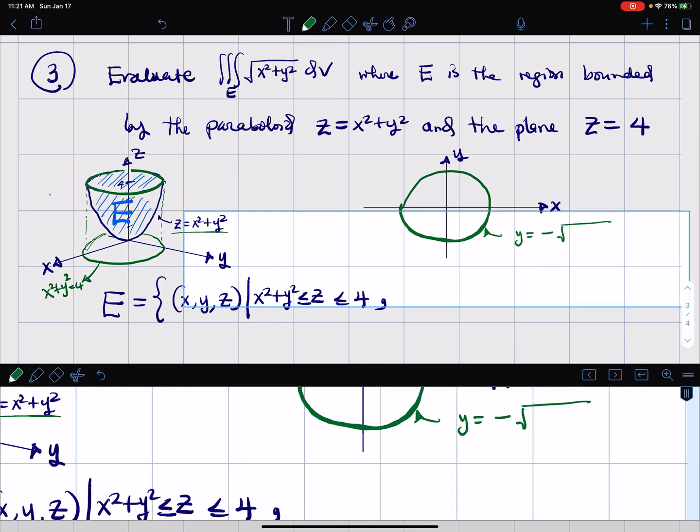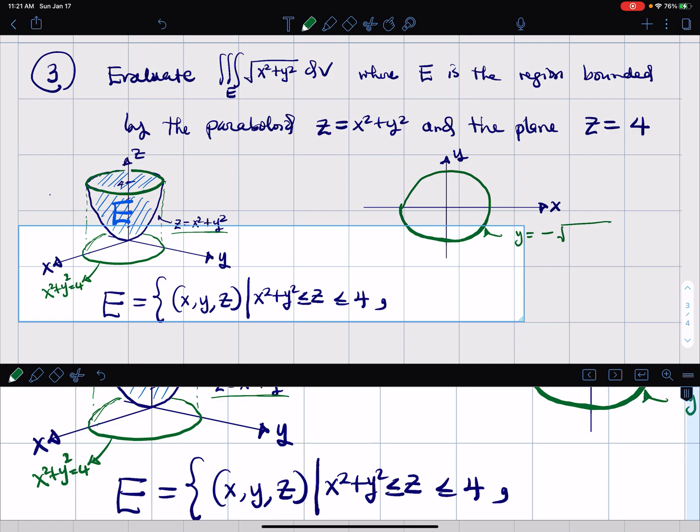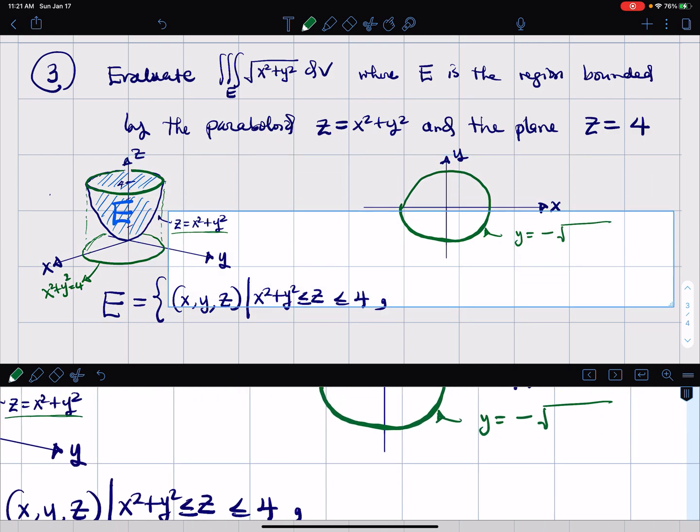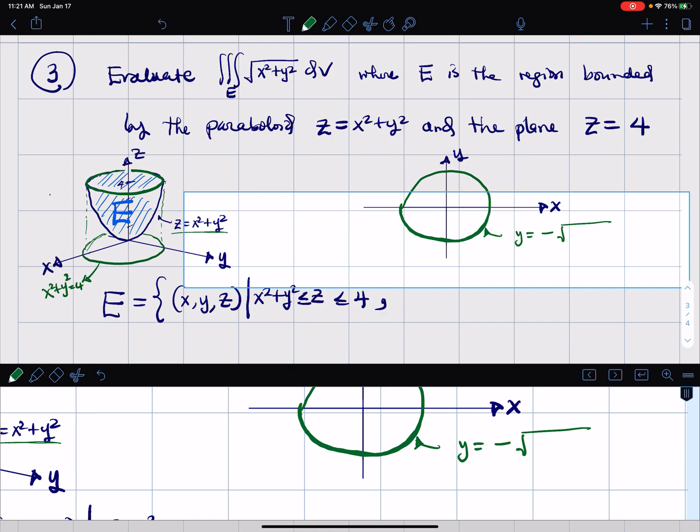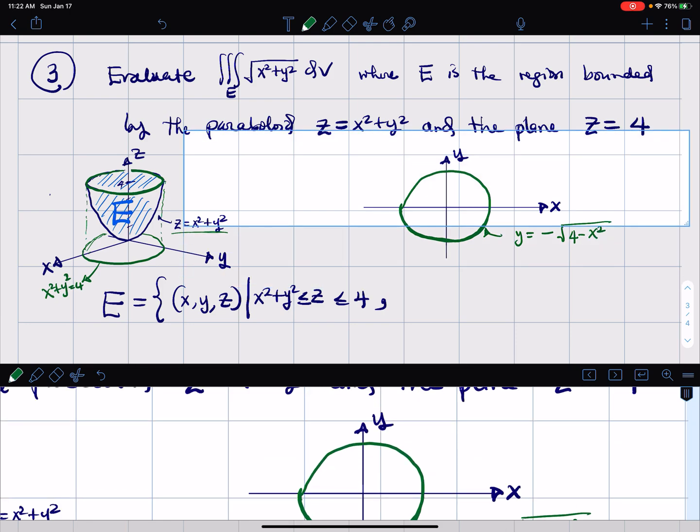So what I'm doing is taking this projection in the xy plane and drawing it here. So this is negative square root of 4 minus x squared, and this top part is y equals square root of 4 minus x squared.